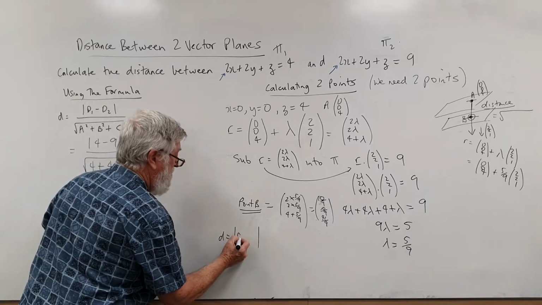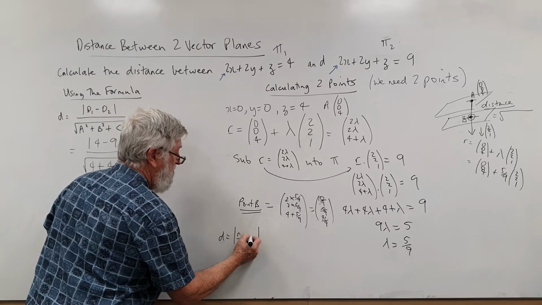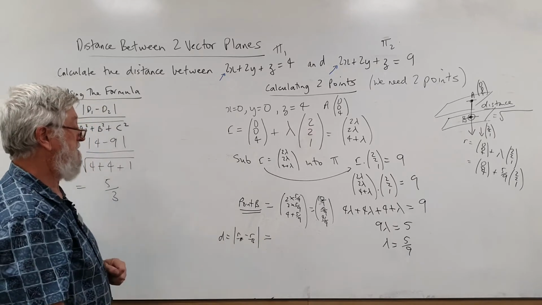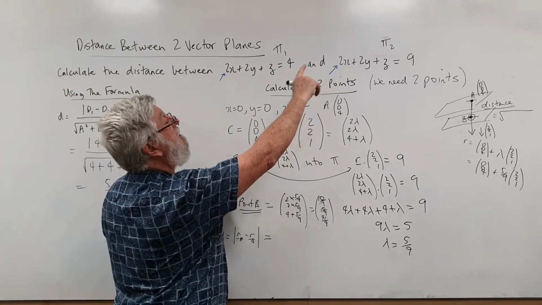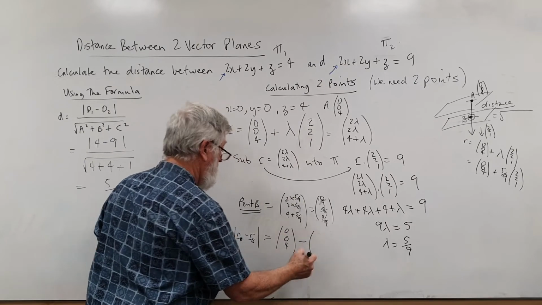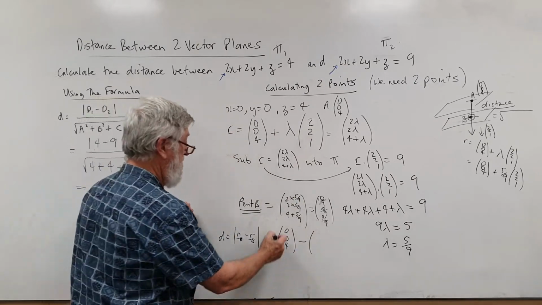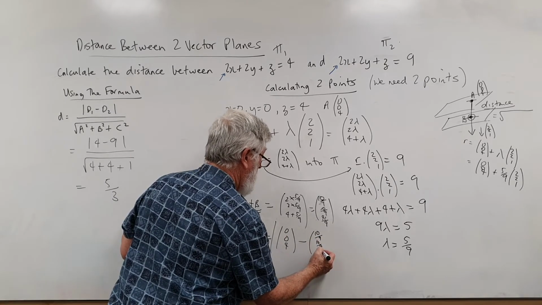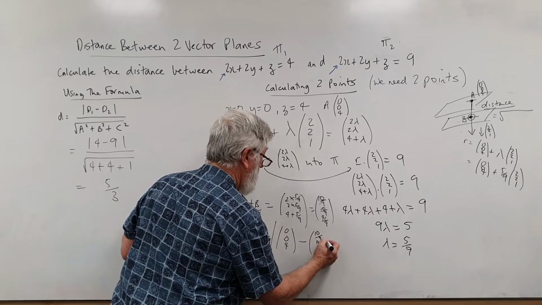I could go position A and subtract position B. So what's point A? (0, 0, 4) minus what? 10 on 9, whatever, next one. Bit yucky, isn't it? But then it turns out really nice.